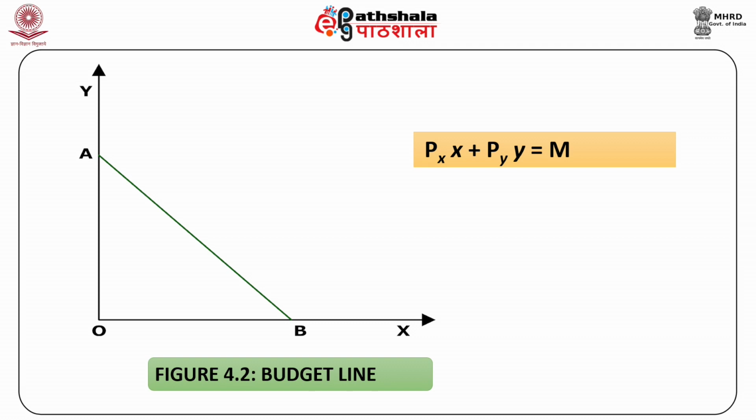The magnitude of the slope tells us the rate at which the two goods can be substituted for each other without changing the total amount of money spent.